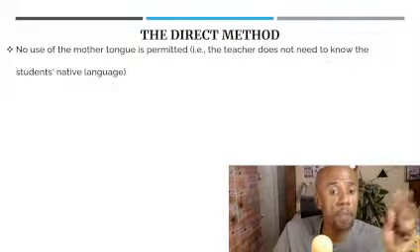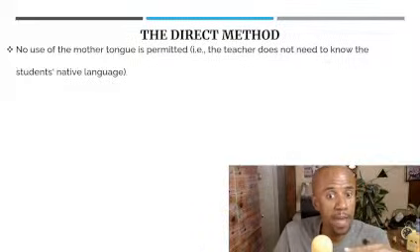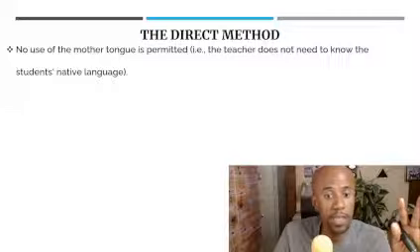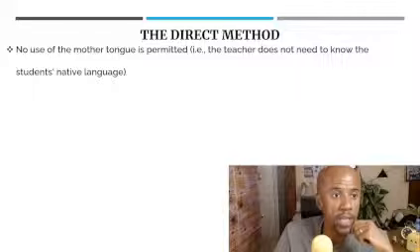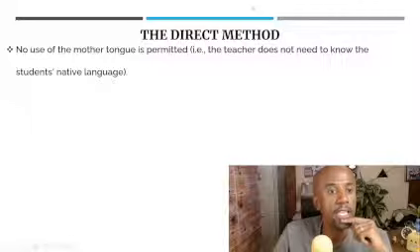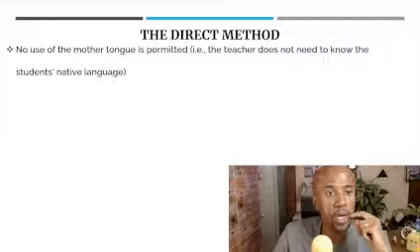Now, the most important one, which makes it totally different from the grammar translation method, is that you cannot, of course, use the mother tongue. It is not permitted to use the mother tongue.